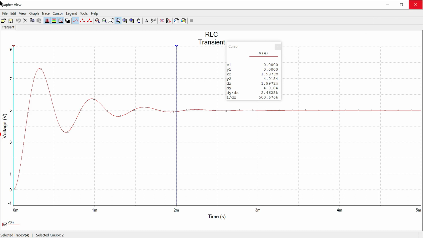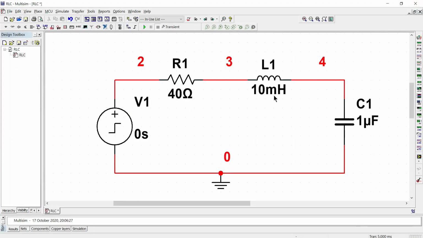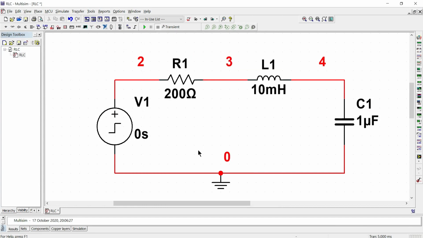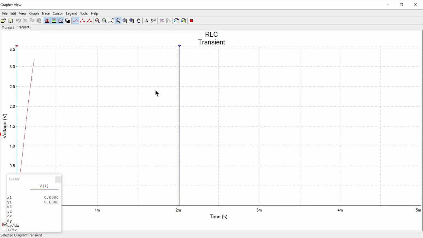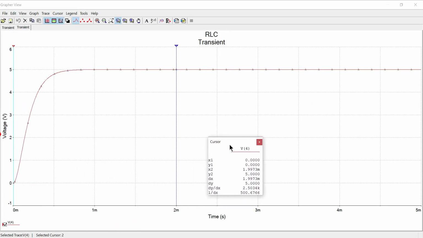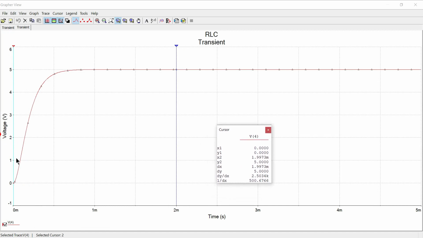Now let us come to the second case where R is equal to 200 ohm, which is our critically damped case. If I run the simulation, we'll get this graph. You can see this graph has no ringing effect and it settles down to its final value very rapidly.